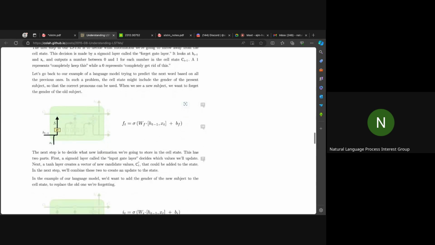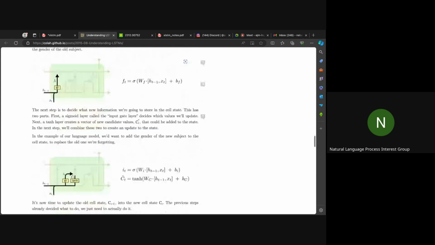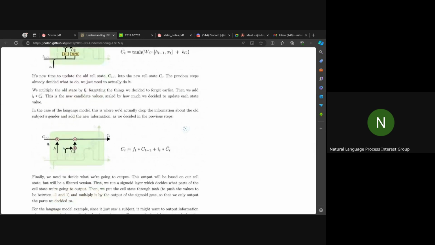Once that is done, we multiply the previous cell state with the values of this particular gate. To put it in much simpler terms, it basically makes some of the earlier parts of the cell state forget.